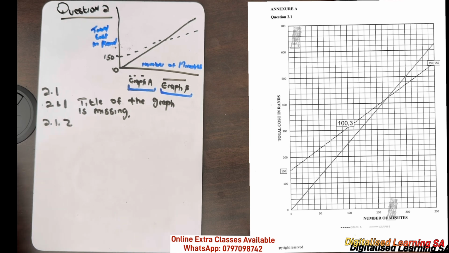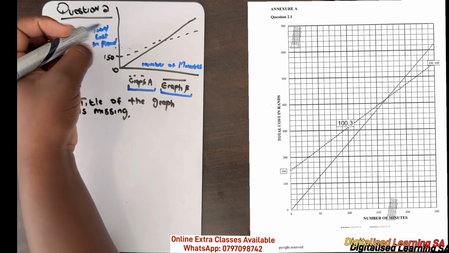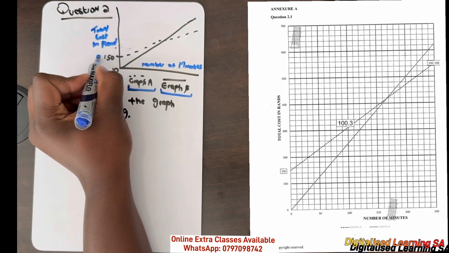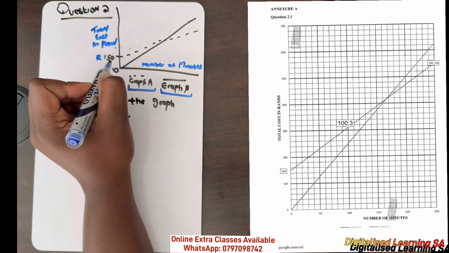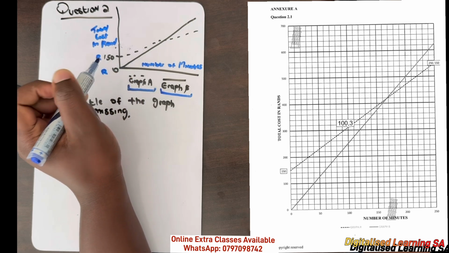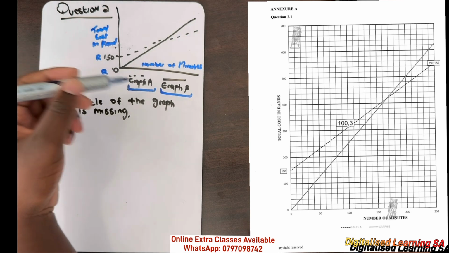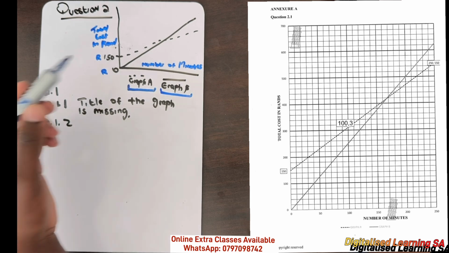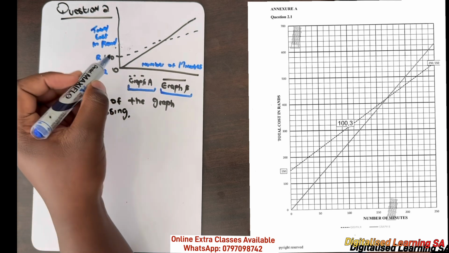If we look at graph A, we can see that it starts at 150 and graph B starts at 0 rand. So we can easily see that graph A may possibly represent a contract option because there is a fixed fee that needs to be paid.